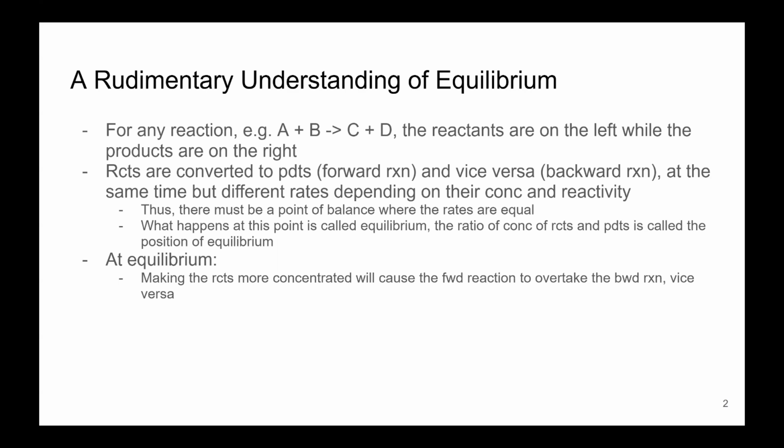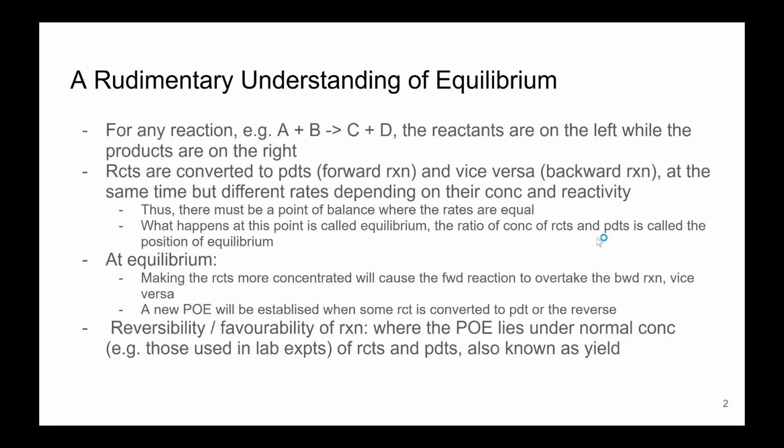And because of that, more product will be converted to reactant or the other way around, and this will cause the position of equilibrium to change as well. But eventually, a new position of equilibrium will be established where the concentrations strike a point of balance again, so that the rates of the forward and back reactions are equal.